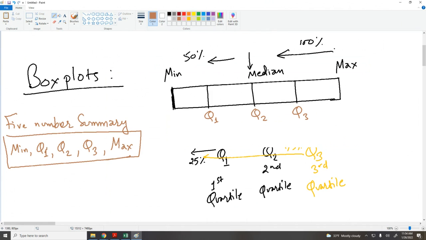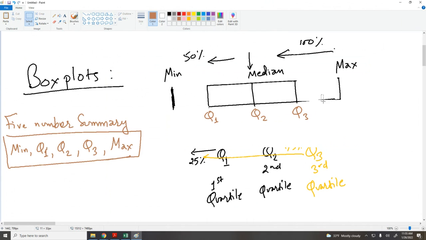Now what these statisticians did was they just erased this portion. Let me erase this, and this portion as well. Here also the same thing. And there's a nice logic for why they did so.